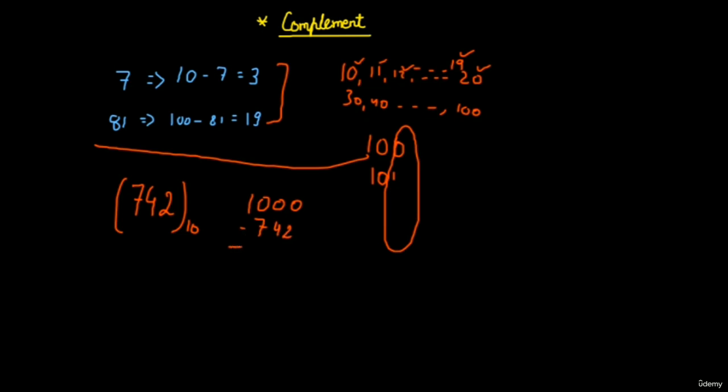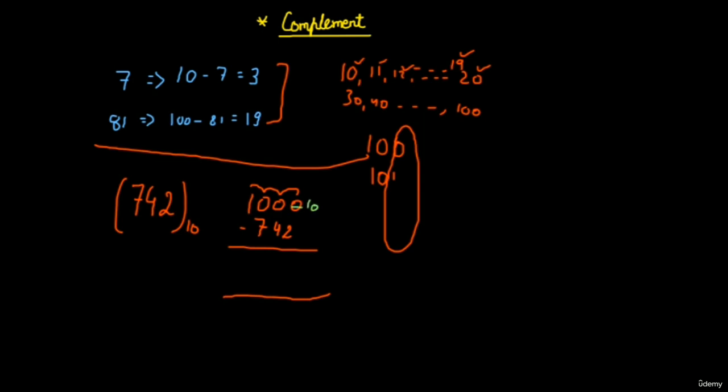So the basic logic and concept of the complement is zeros and ones. Now you are able to see that even in the concept of the decimal we use zeros and ones, so that's why it is related to the binary. Absolutely. So now on solving, of course 0 cannot subtract 2, so we are going to take 10.